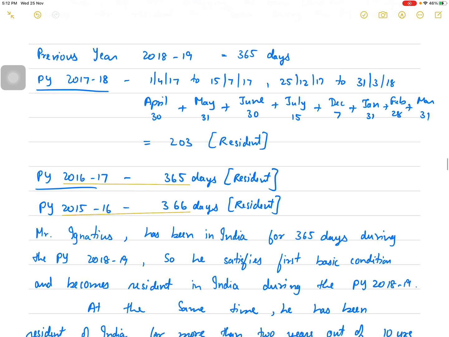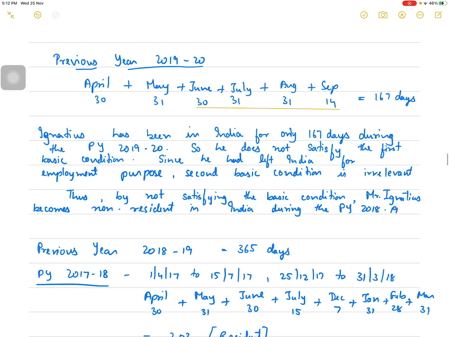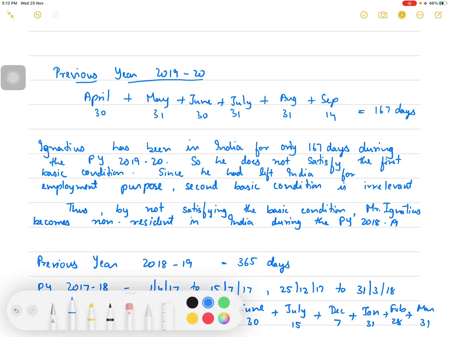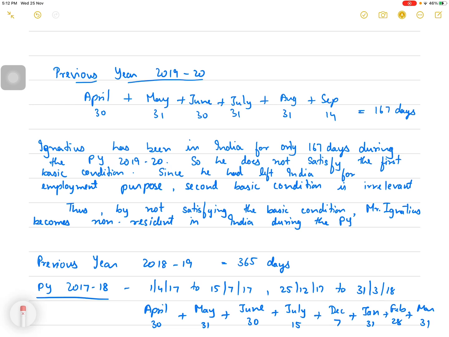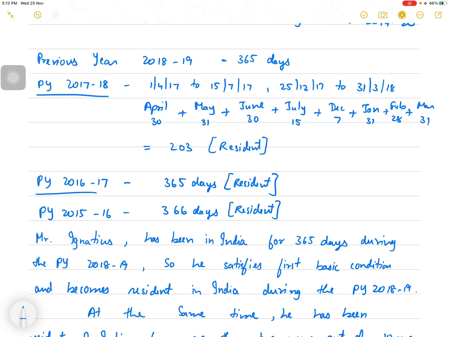Now previous year 2018-19. During the previous year 2018-19, his stay in India was 365 days.